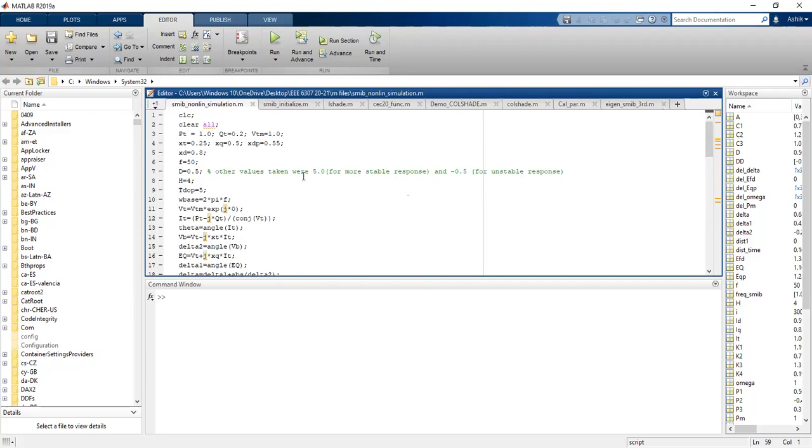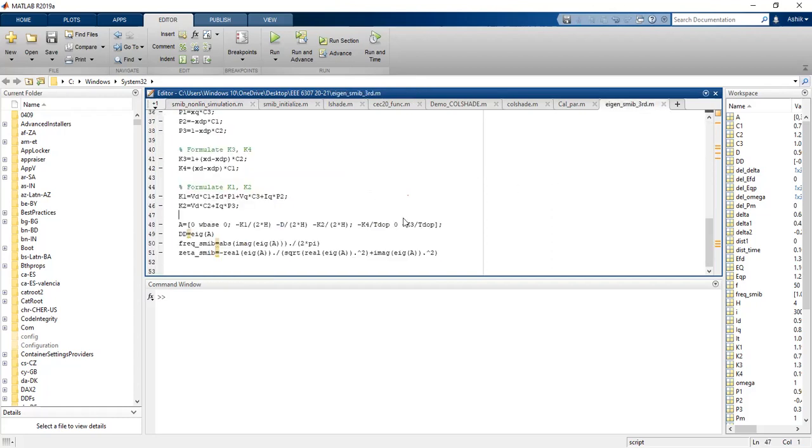In line number 7, there is one additional comment that for a stable response or more stable response, we can set D to 5.0, and for some unstable response, we can set D to some negative value. So the first one that we'll try to compare is D equals 0.5, for which we have calculated the eigenvalue, where we have very low damping.